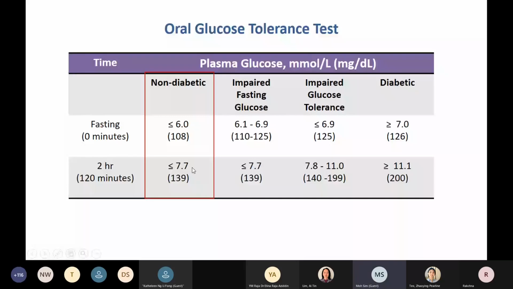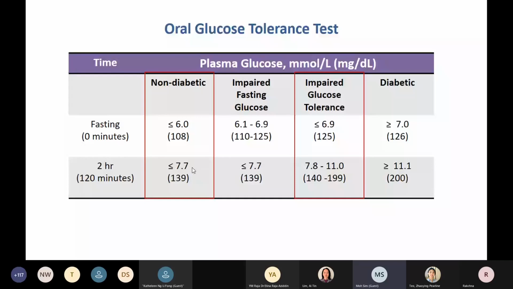A patient is deemed to have impaired glucose tolerance, or IGT, if the fasting glucose level is less than or equal to 6.9 millimoles per liter or 125 milligrams per deciliter, and the 2-hour glucose level is between 7.8 to 11.0 millimoles per liter, which is equivalent to 140 to 199 milligrams per deciliter.